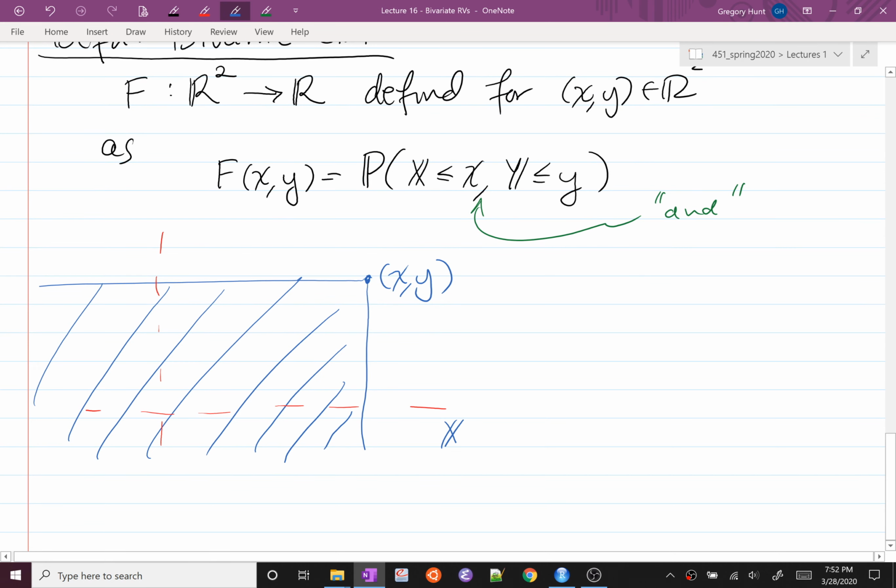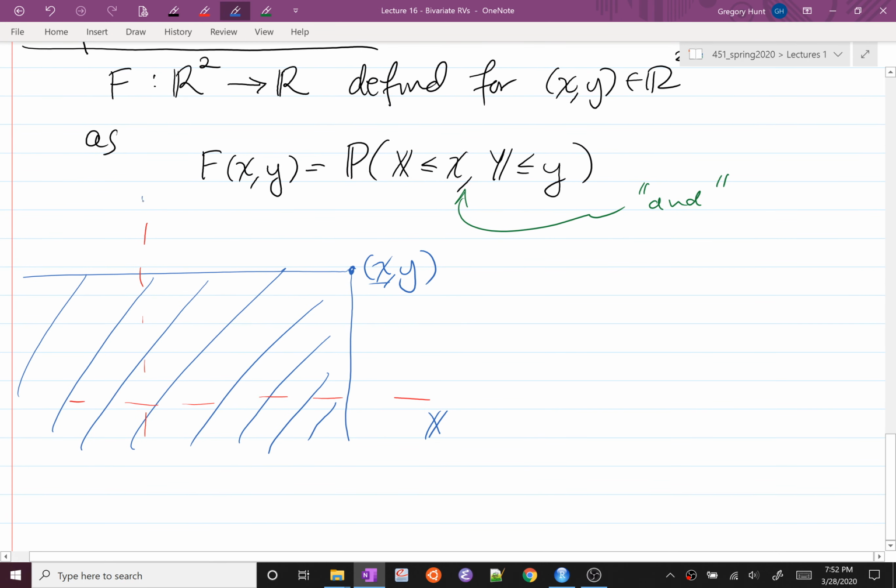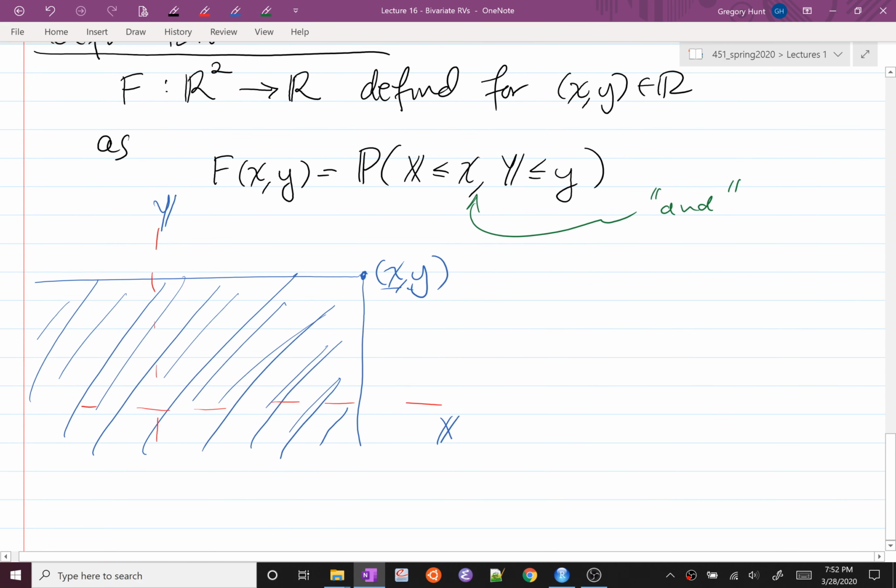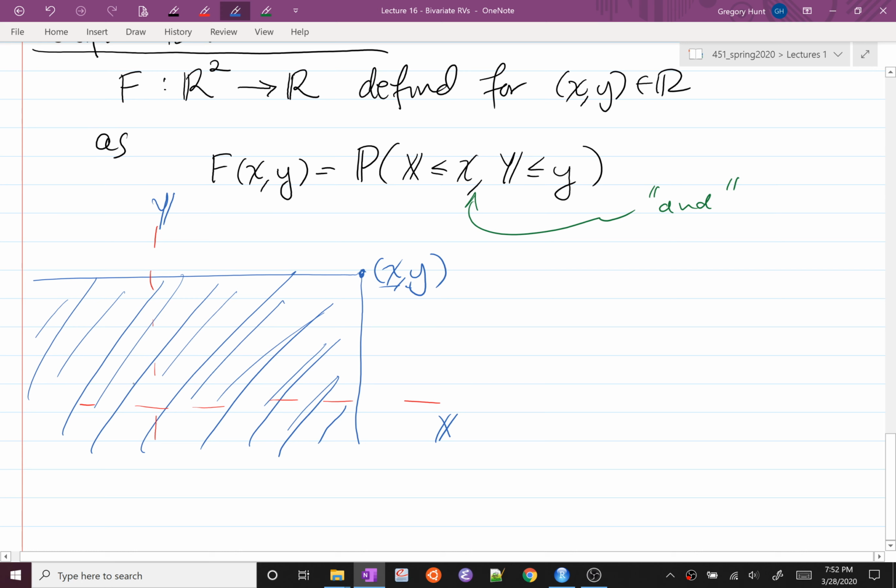X is less than or equal to little x here, and Y is less than or equal to little y. And so that defines this partial plane here. And so it's the probability that we are in this region. If you knew the underlying probability function, you could use inverse images. Typically, we don't do that. We'll get to how you can actually calculate this later in the lecture.